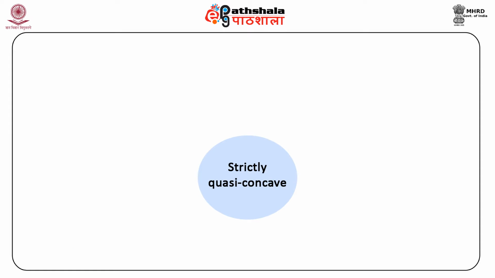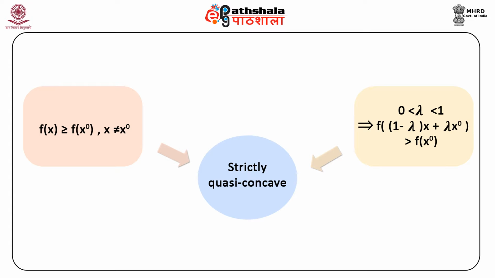Strictly quasi-concave: a function f(x) is strictly quasi-concave if f(x) is greater than or equal to f(x0), where x is not equal to x0, and lambda lies between 0 and 1, implying f((1 minus lambda)x plus lambda x0) is strictly greater than f(x0).